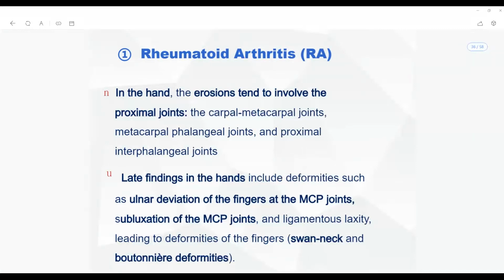There is flexion of the proximal interphalangeal joint and hyperextension of the distal interphalangeal joint. So exactly the opposite happens, and both are characteristic features of rheumatoid arthritis.